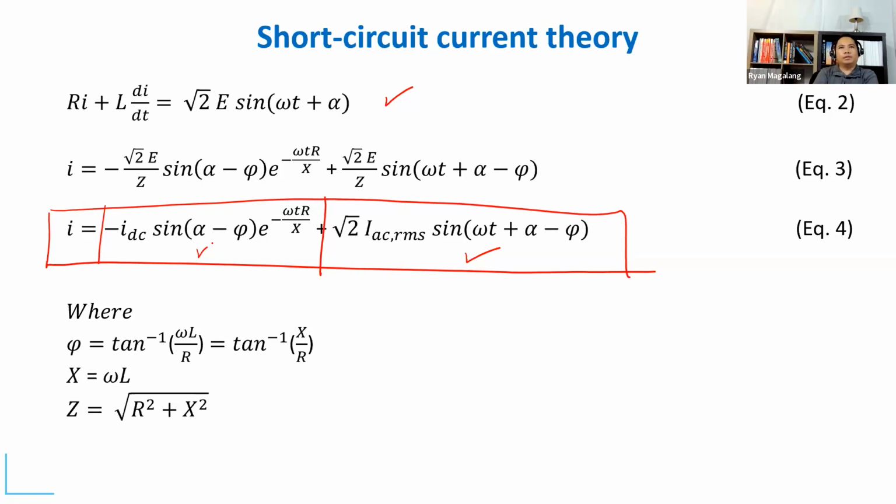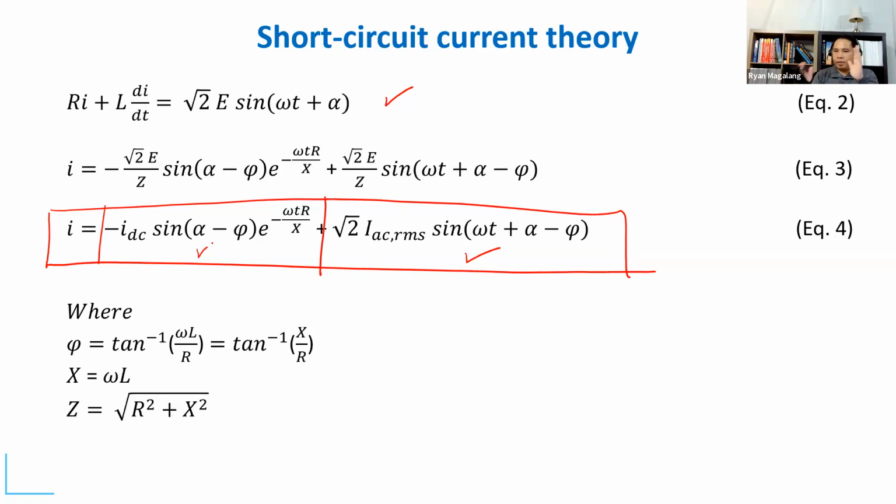Even the new relays, I'm talking about numerical relays, are now very fast, and they would be able to make a tripping decision within one cycle or less.